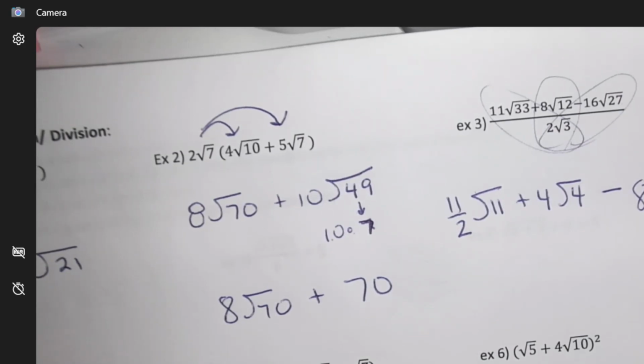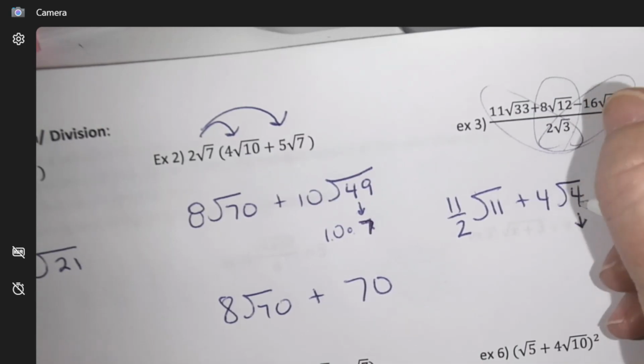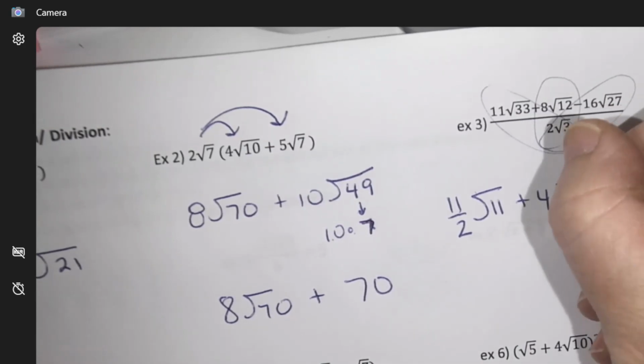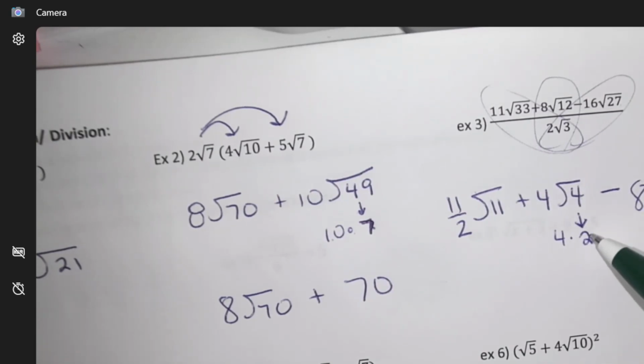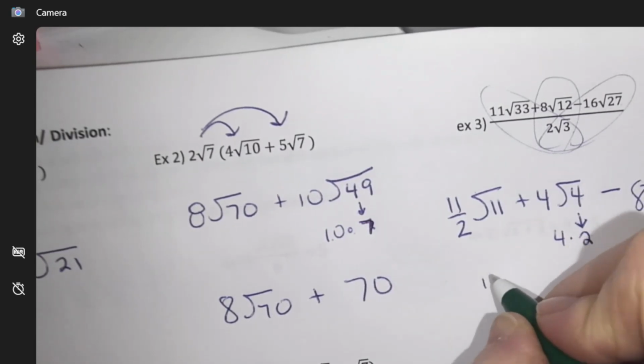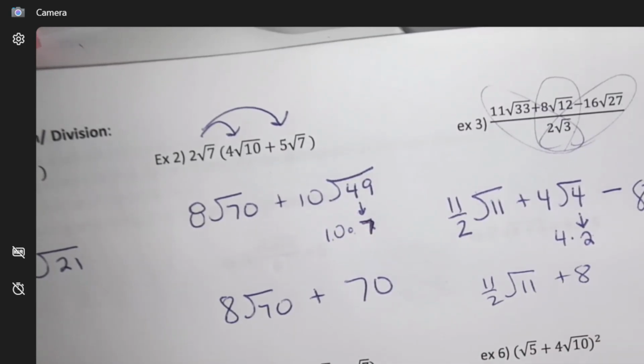Not going to leave this one alone. It's not done. So what kinds of things could I do here? Well, I can change the square root of 4. And I can change the square root of 9.